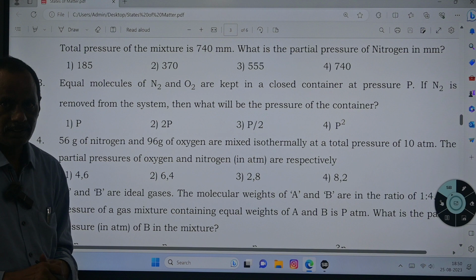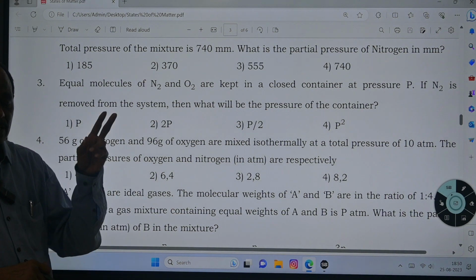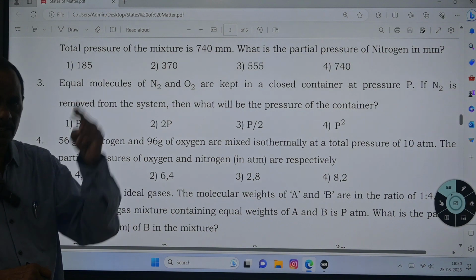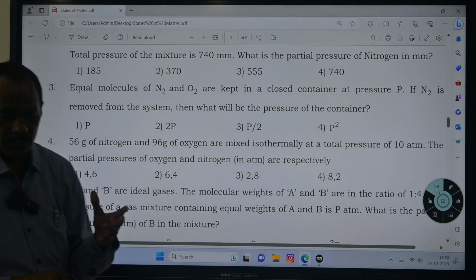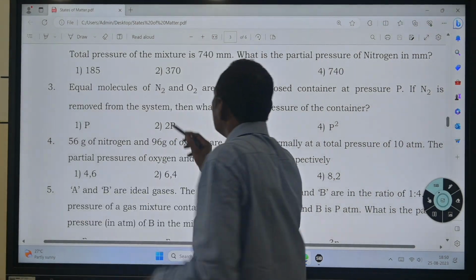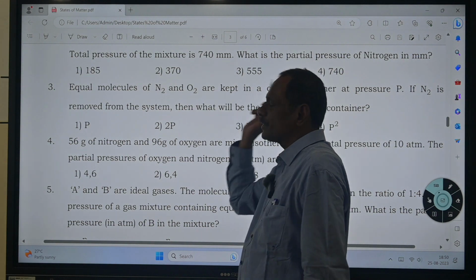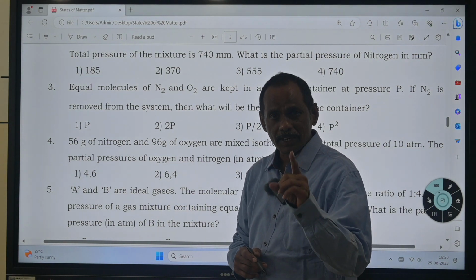Here friends, in our previous problems, equal masses of methane and oxygen are given. Equal masses or equal weights. Here, equal molecules of nitrogen and oxygen. Number of molecules are equal.